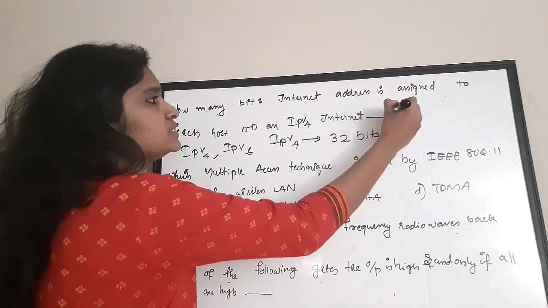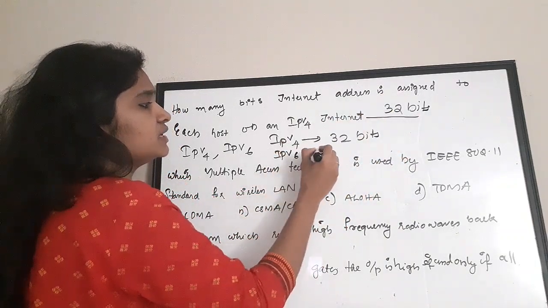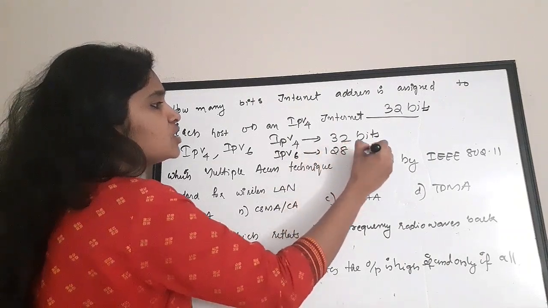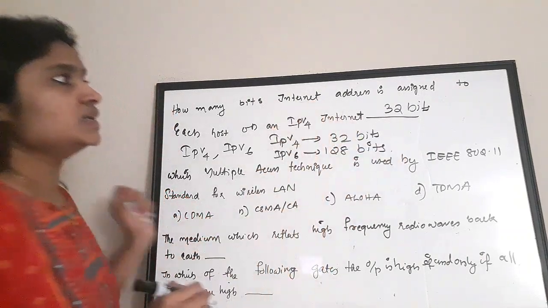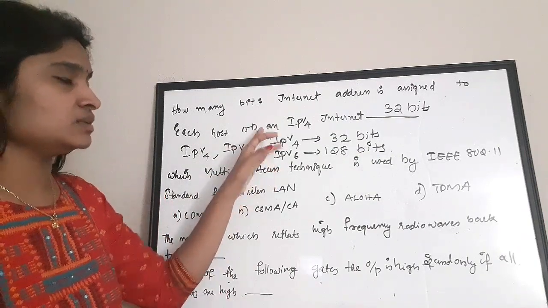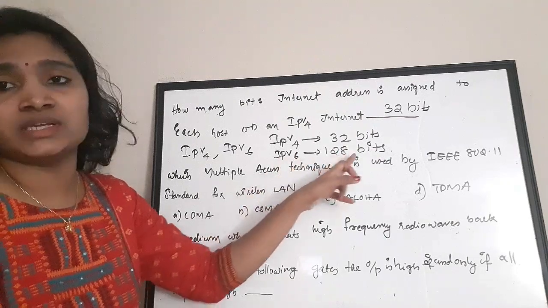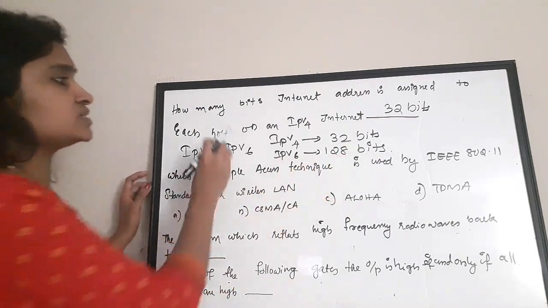So the correct answer here is 32 bits. If it is IPv6, the number of bits is 128. Very simple and basic question. If the question was IPv6, it is 128 bits. Moving on to the next question.